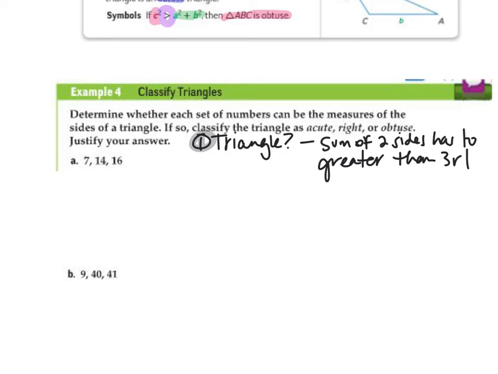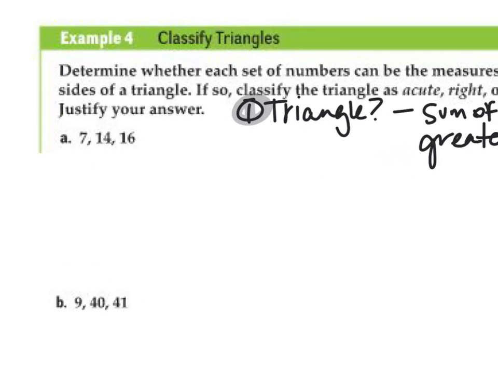Remember how we checked that before. In order to check, we need to add up two side lengths. So 7 plus 14, is it greater than 16? Well, 7 plus 14 is 21. That is greater than 16. Then we check that for each pair.